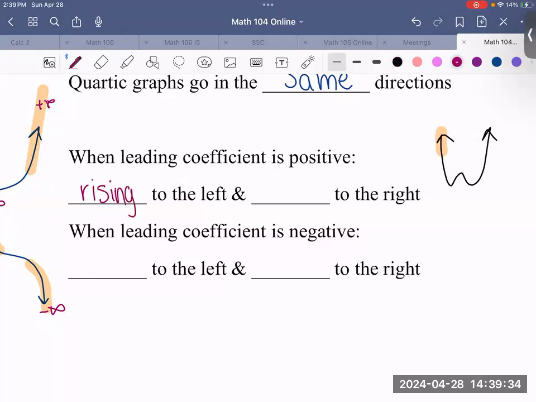And because they go in the same direction, also to the right, we are rising. And if we were to do it again, but with a negative leading coefficient, then we are not rising, but we are falling for both.